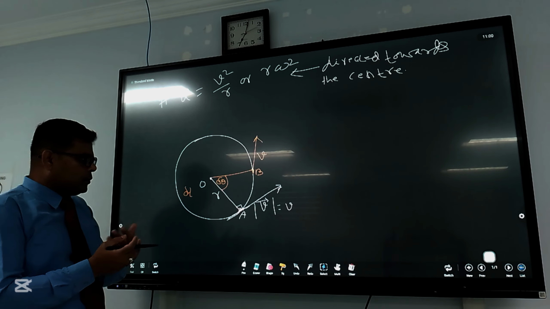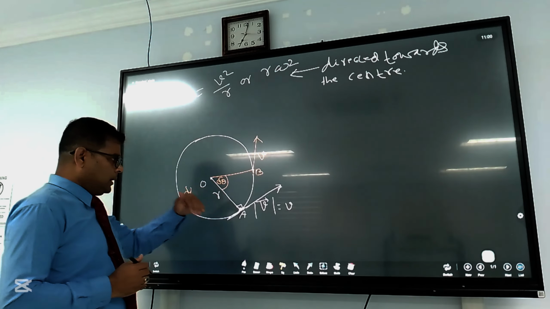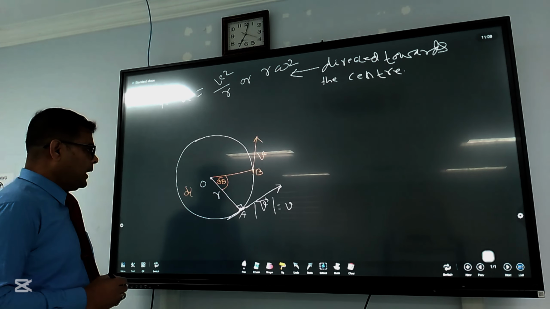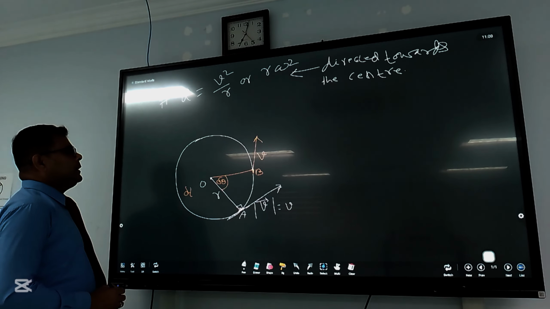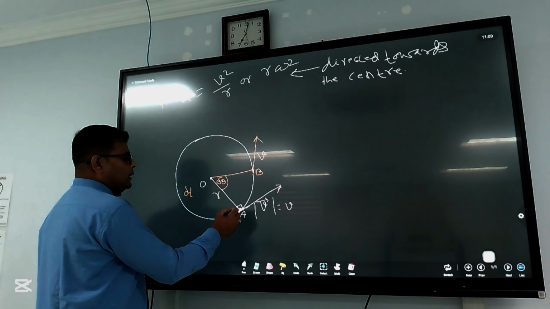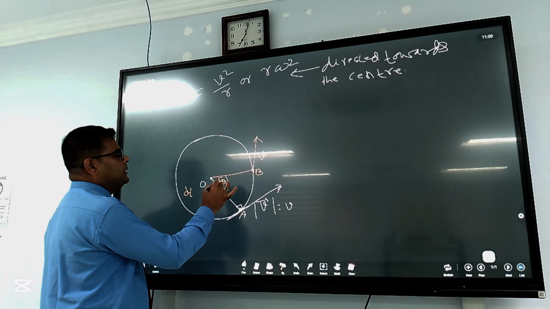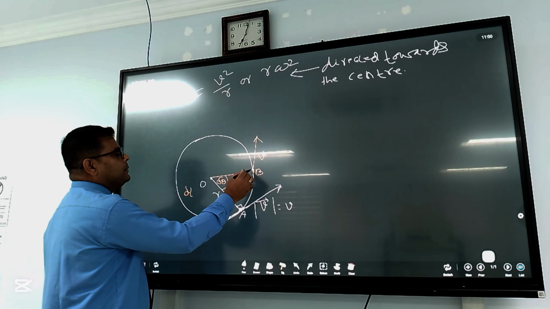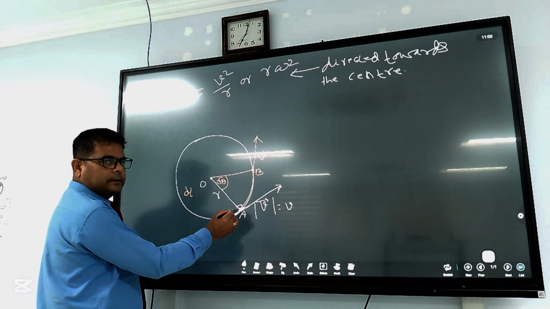That means there is going to be a very small change. As del theta and del t are very small, A and B are very close to each other.